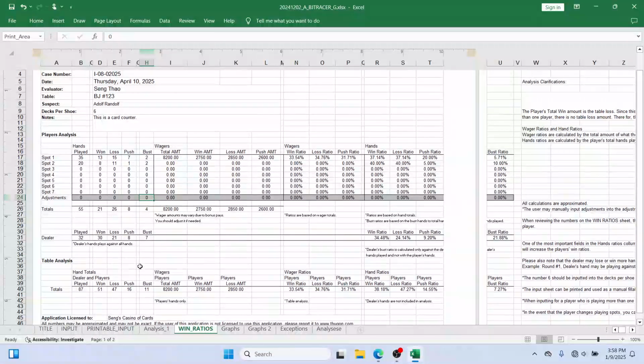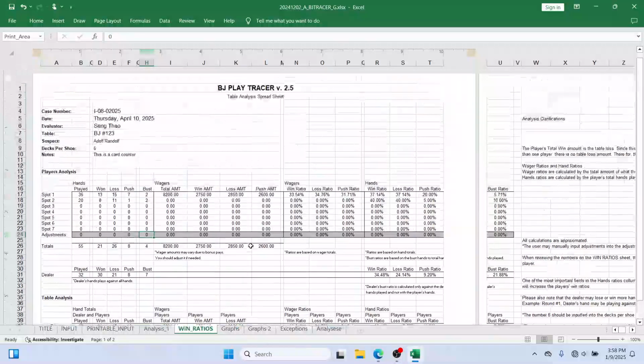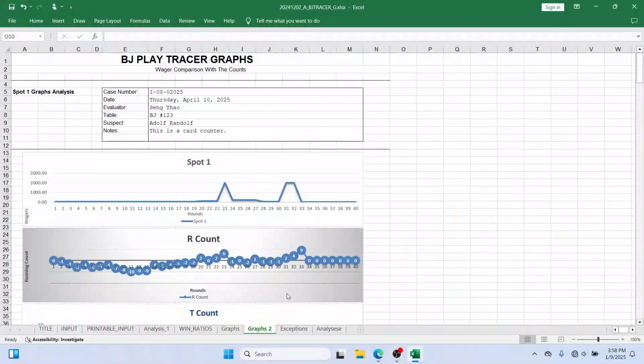So it helps explain a lot, not just on the card counting side using the graphs here, but also why a table game lost so much money per night.